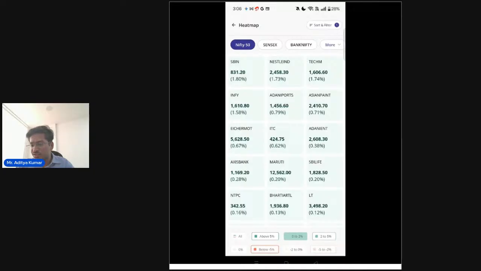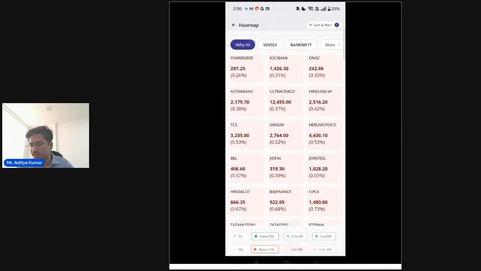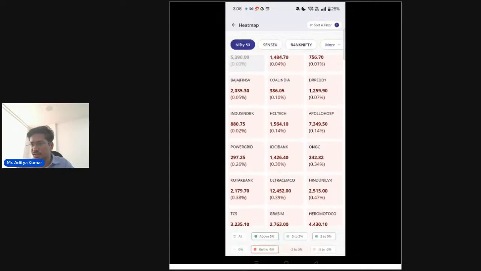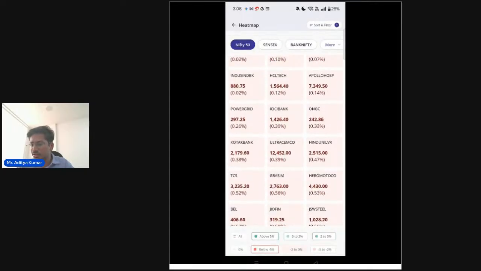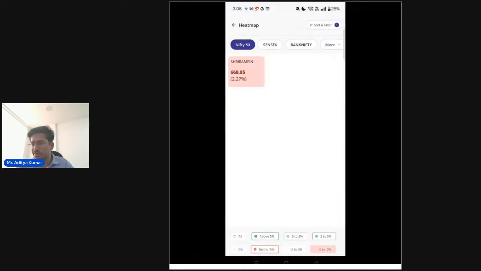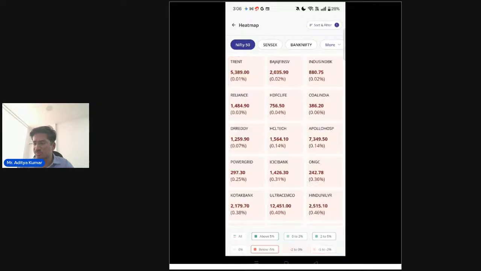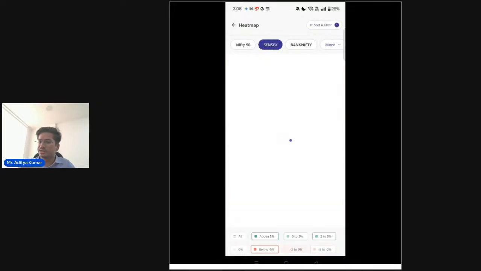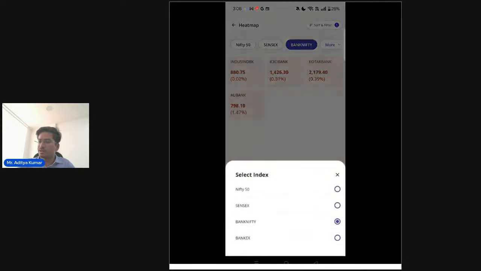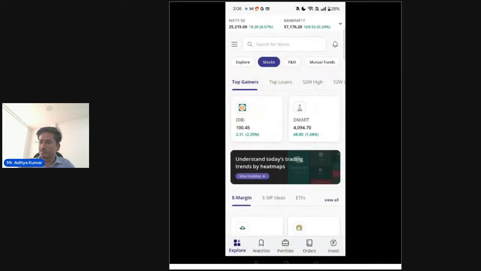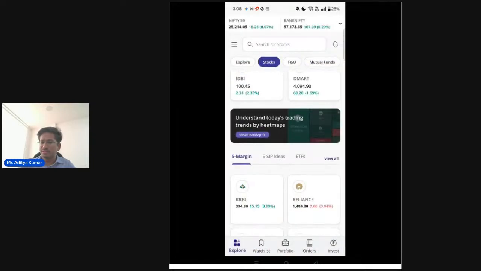The stocks that have gone below zero or have minus 2 percentage today are shown in red. You can see the stocks that have gone below minus 2 percentage. This goes for all the indices that you want to invest your money in. These are the things that you can do in a heat map.